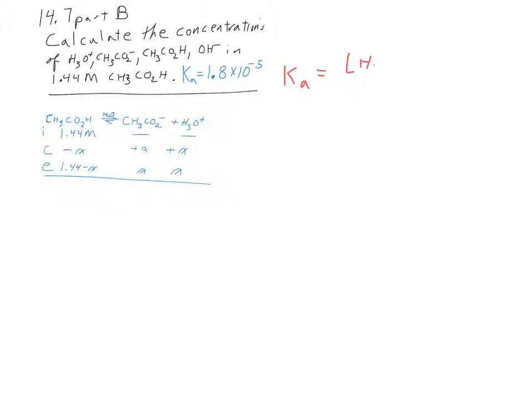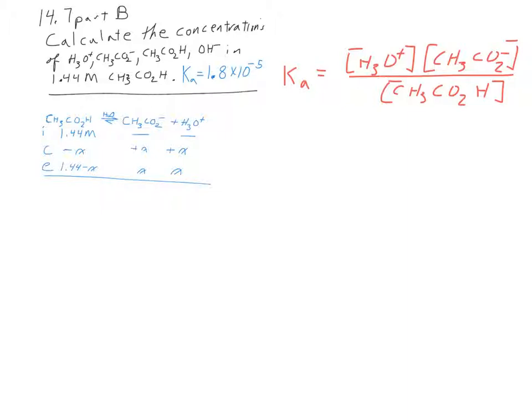Products over reactants, so 1.8 times 10 to the negative fifth equals x times x over 1.44 minus x.